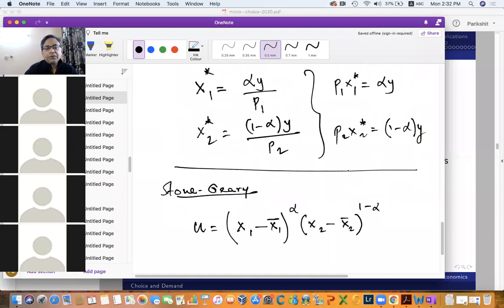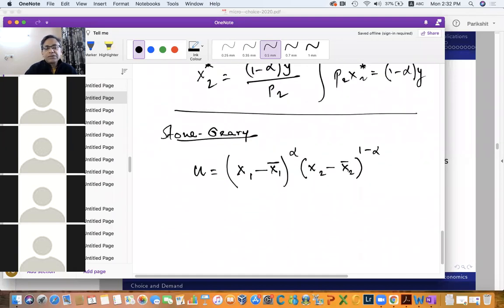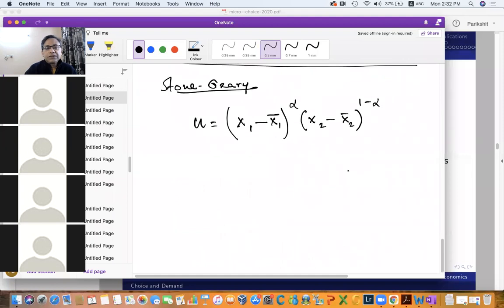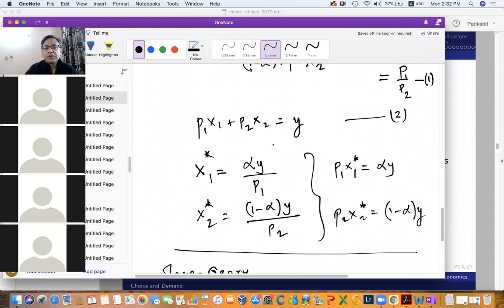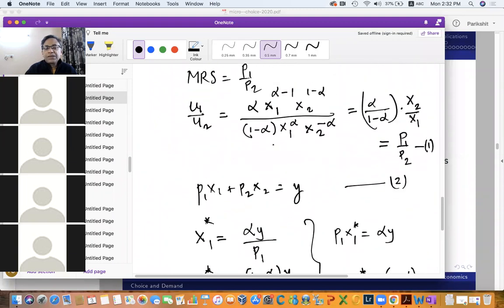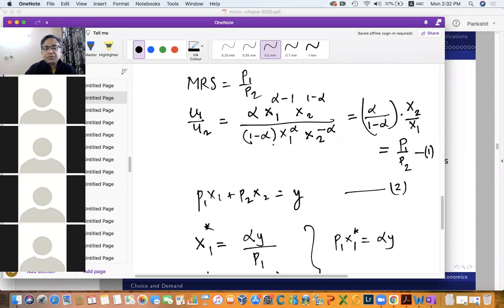Here, I won't proceed much further. I think, again, there's one of the problems in your problem set where you have to derive demand functions for this more general case of the Cobb-Douglas, the Stone-Geary. And here you get a little bit of variation: income elasticities of demand don't necessarily have to be one.